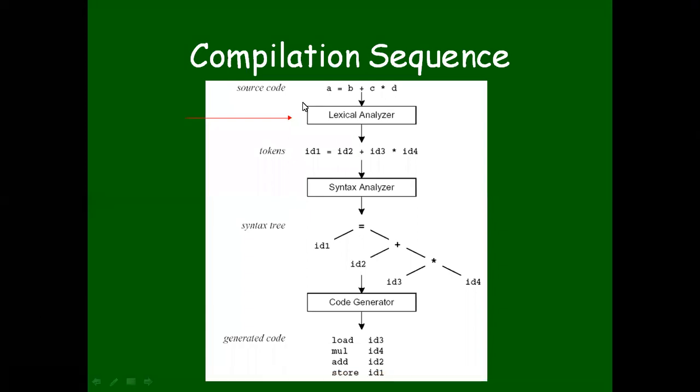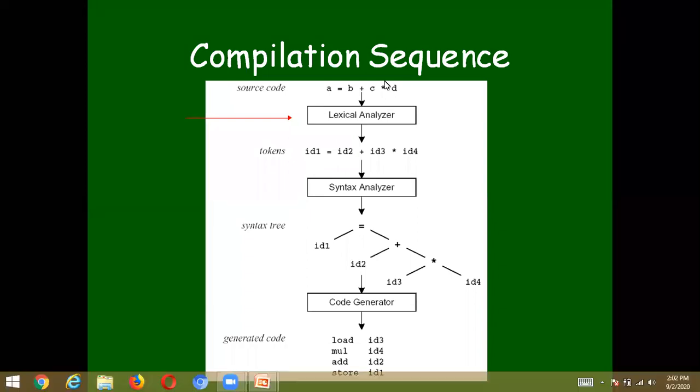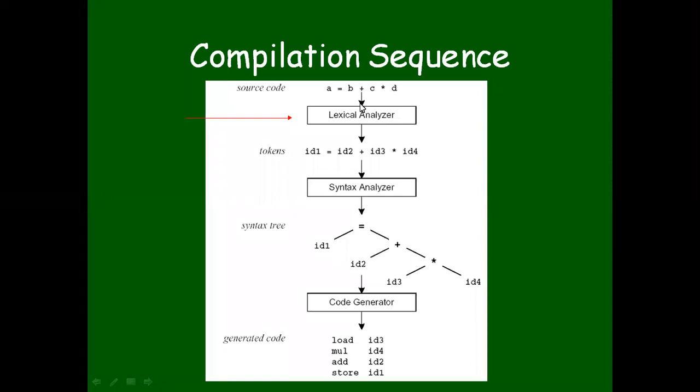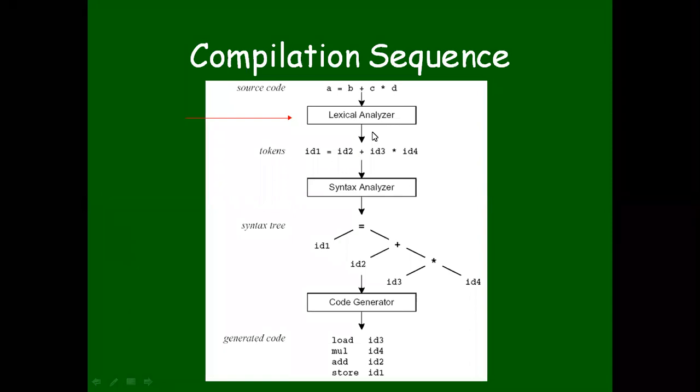See here what the source code is. A is equal to B plus C into D. That is the source code. And after implementing the lexical analyzer, what output are we generating here? ID1 is equal to ID2 plus ID3 into ID4. What does it mean?